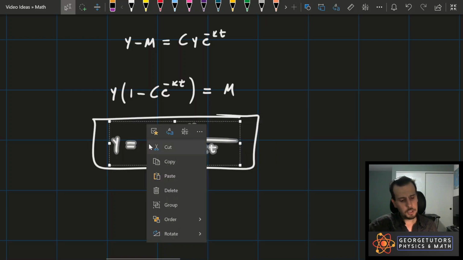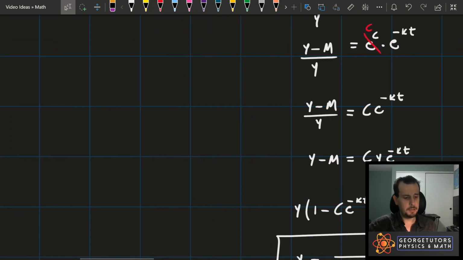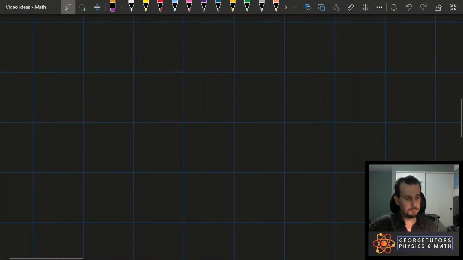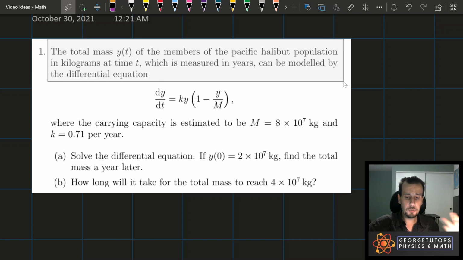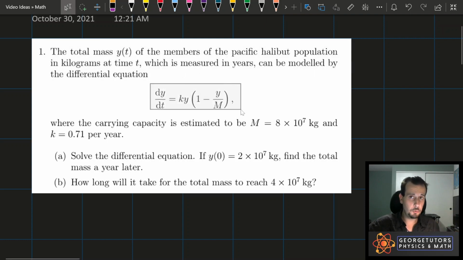So, going now to our problem, again, we can see what we have in our hands. We have a model that's trying to describe the members of the Pacific halibut population in terms of kilograms, in terms of mass, as a function of time. And of course, it obeys the logistic equation, the model that we're trying to do. We've already solved the logistic equation, though.